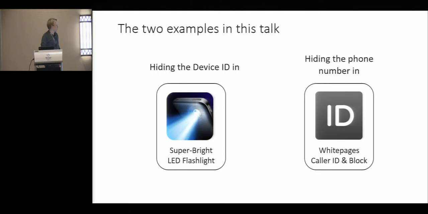Another example is from White Pages, Caller ID, and Block, which tries to acquire information about my phone number. These are both top 500 applications, so this is not an example from some random application.